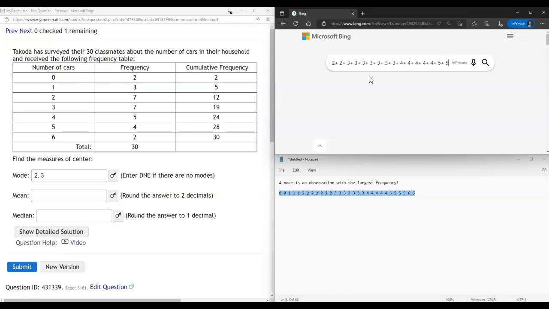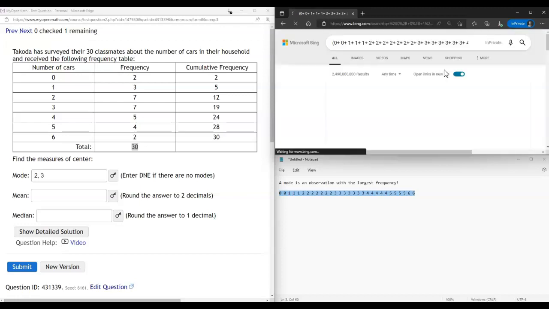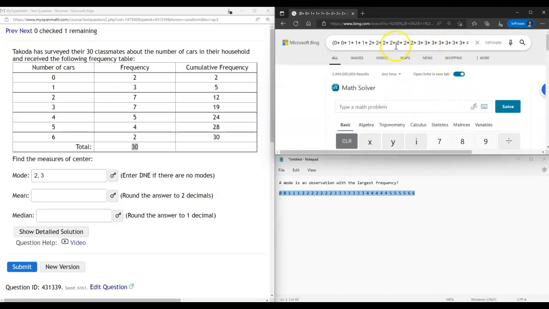I'm just going to find the sum of all of these numbers. And what do we do with the sum? Of course, we divide the sum by the total. The total here is provided. It's 30, so I'm going to divide everything by 30 to compute the mean.